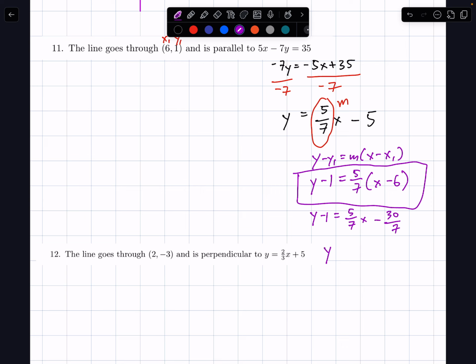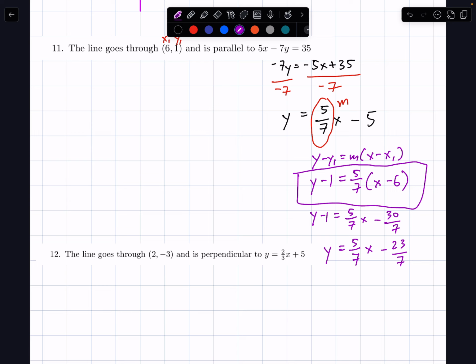And then add 1 to both sides. y is equal to 5/7 x minus 30 sevenths plus 7 over 7. Should be minus 23 over 7, right? Subtract 7 over 7 from 30, yeah.